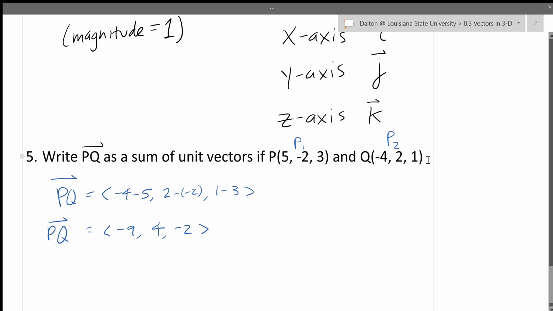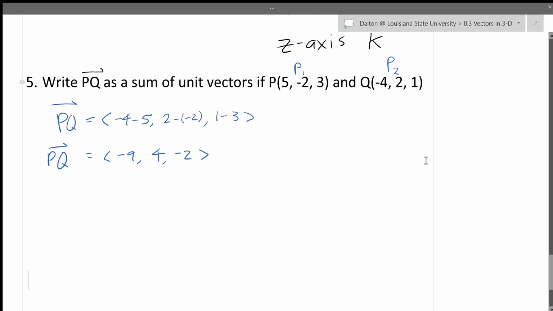The question is, write vector PQ as a sum of unit vectors. So again, if you recall from when we did this in two-dimensional space, we're just taking our unit vectors, which are now i, j, k. So i for x, j for y, k for z, and writing it as those numbers added up all together.